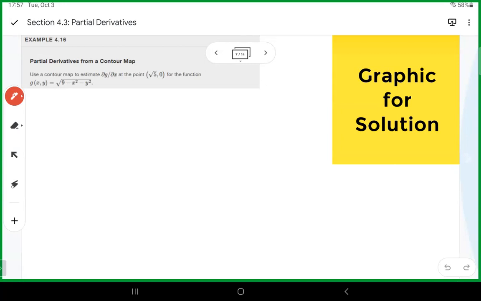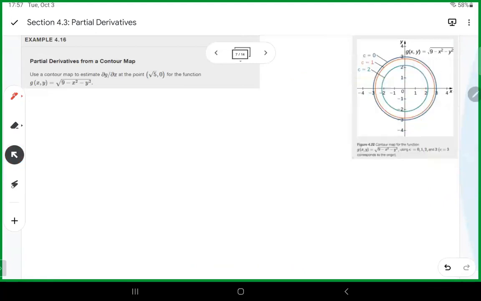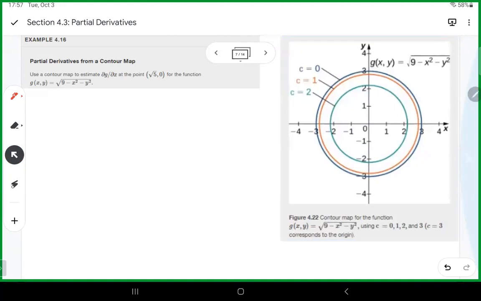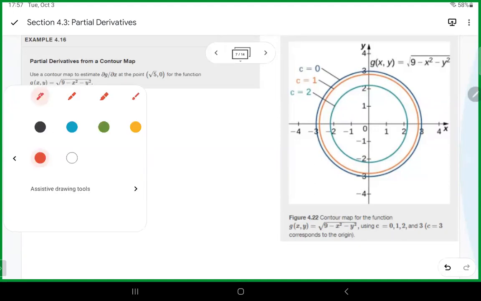So I'm going to show you what it looks like, and hope that we have enough room to work with it. So basically you would set the equations equal to the c's in order to get an idea of all of that. Let's try to match up the colors here. I think green would be the first one.